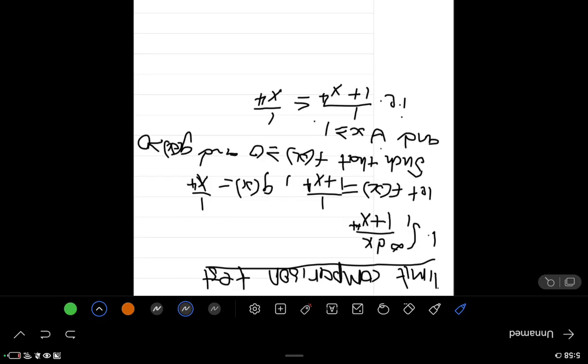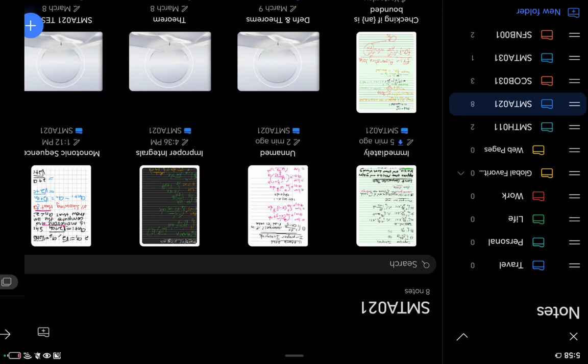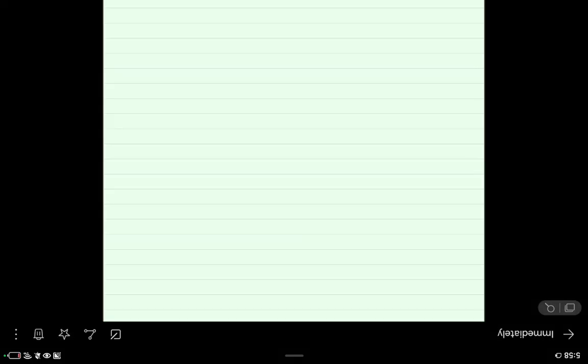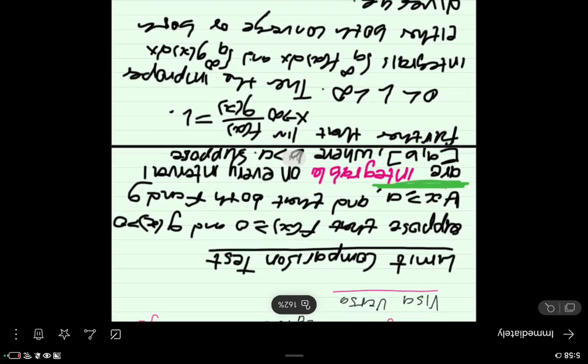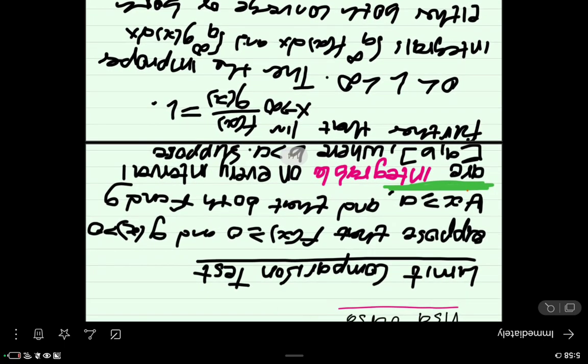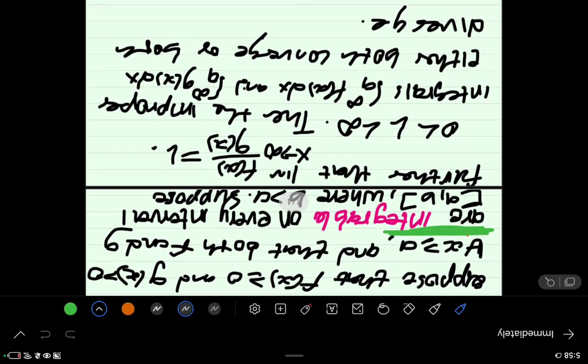We say that the limit as x approaches infinity. It's not always the case that we're going to apply it when it's approaching infinity. So here it's approaching infinity. We have this comparison limit where x approaches infinity.